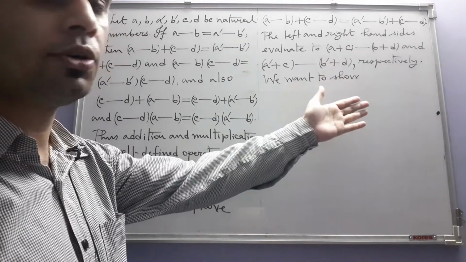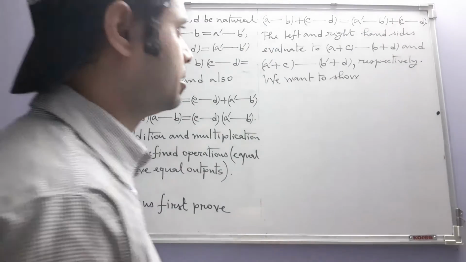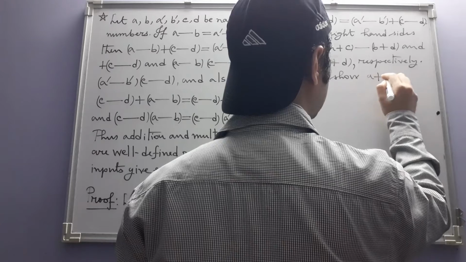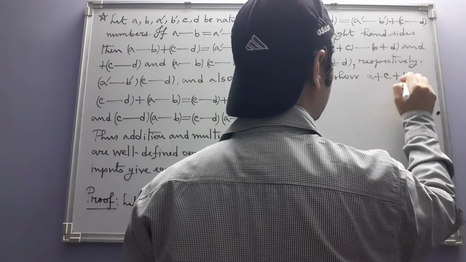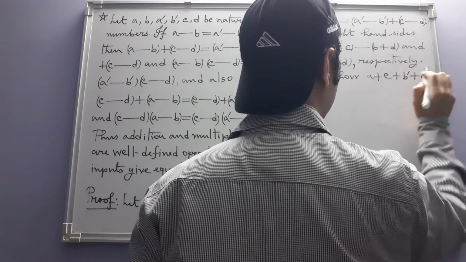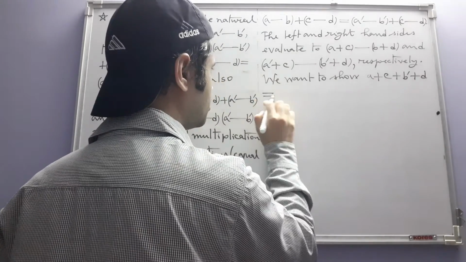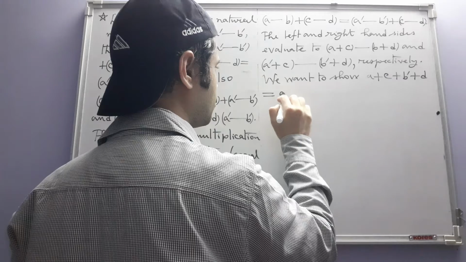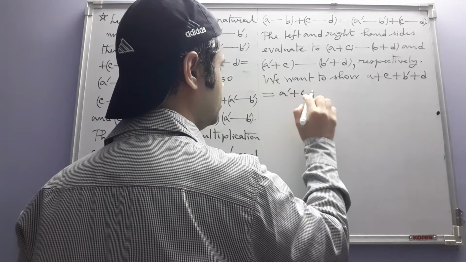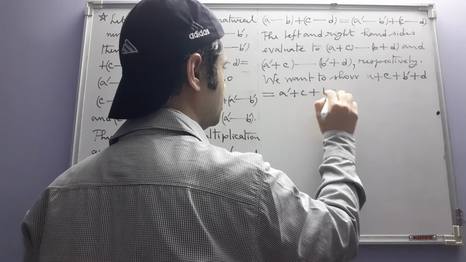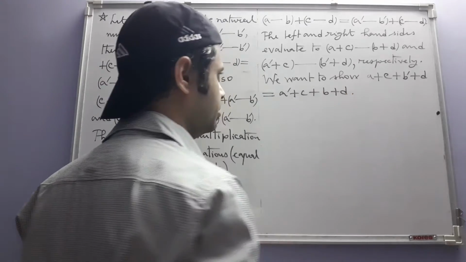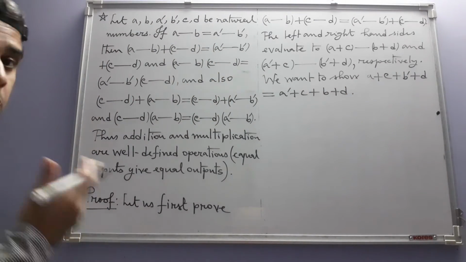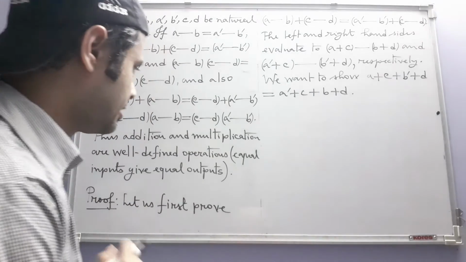So we can invoke our definition of equality here. We want to show this a plus c plus b prime plus d should be equal to this plus this: a prime plus c plus b plus d. This is something we want to prove. Okay. Now what is given to us?